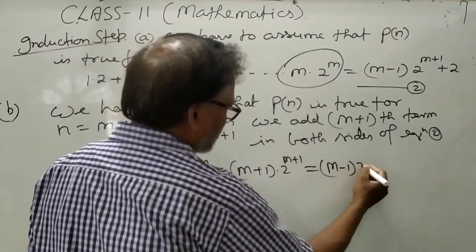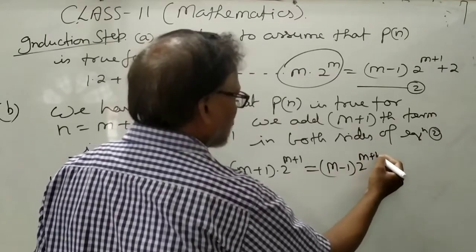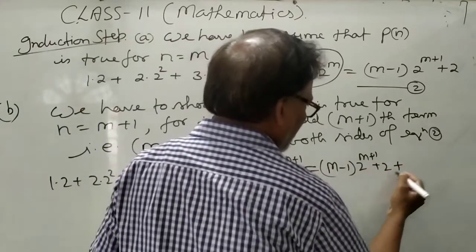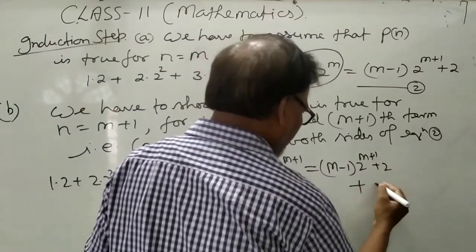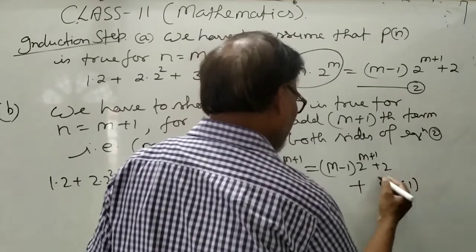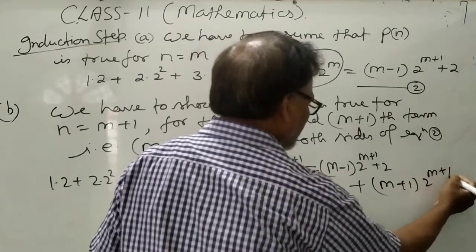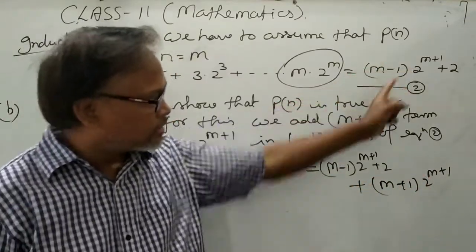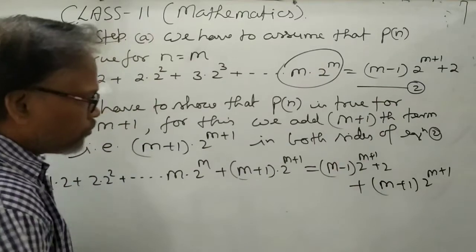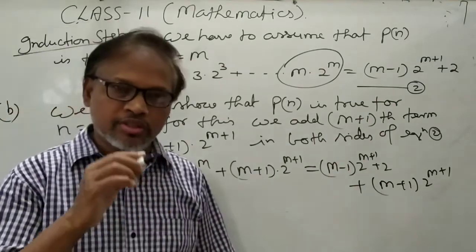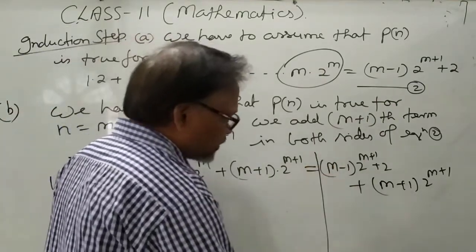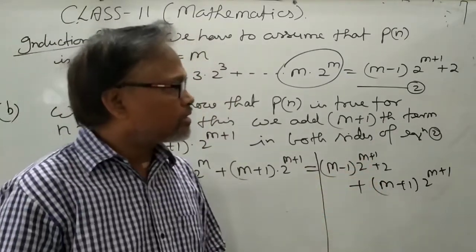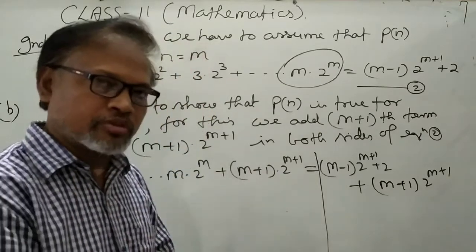Now add the m plus 1th term, and add it in the right hand side also. Now what do you have to do? You have to simplify this right hand side and get the solution. But up to which stage do you have to simplify?